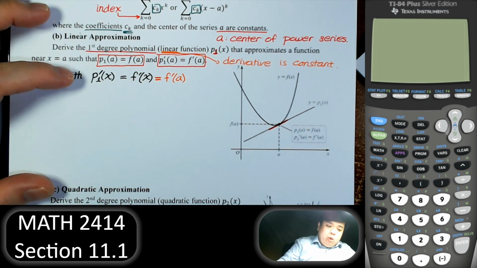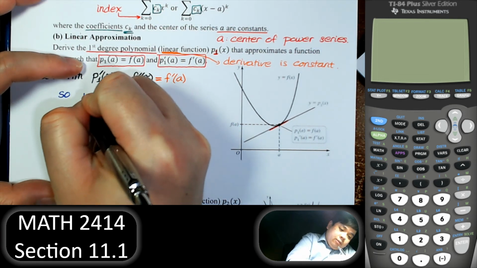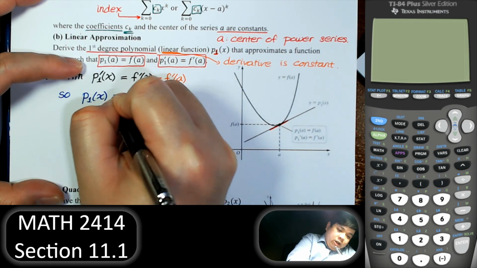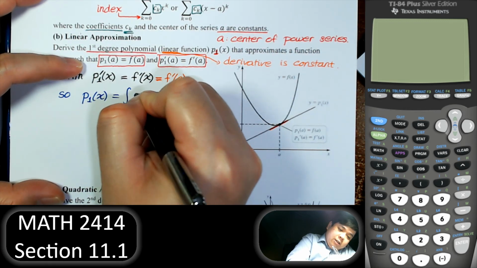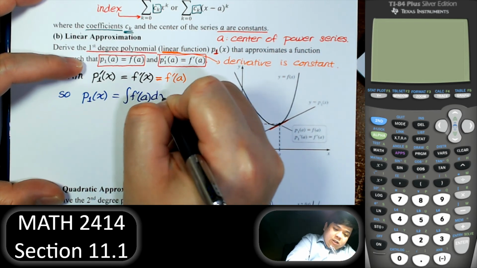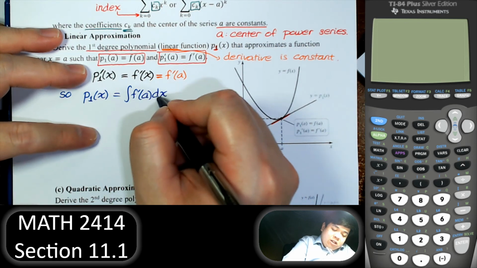Now, if we have the derivative, to get back to the function, we will integrate it. This is a constant. The integral of a constant is that constant times x plus c.